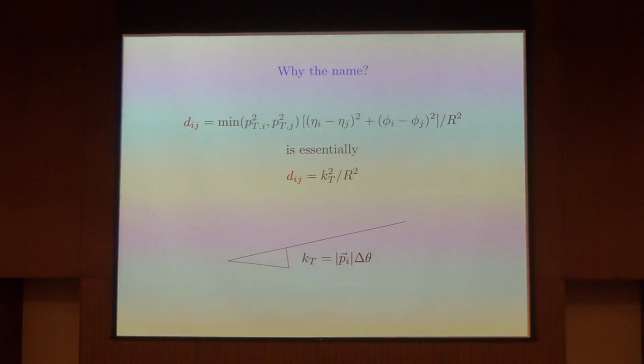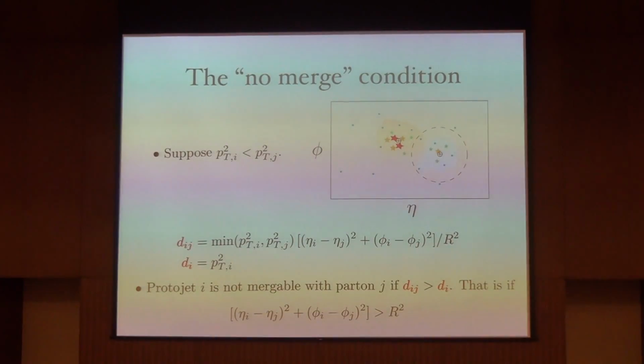Transverse momentum relative to the direction of their common direction, and divided by R squared. So it's because this is like a transverse momentum that it is called the KT jet algorithm. Here I've got a little picture of what KT is. Here's one of the momenta. Here's the sum of them. That's the KT.